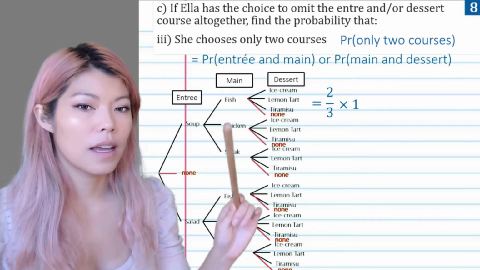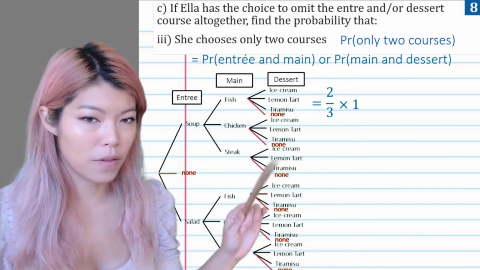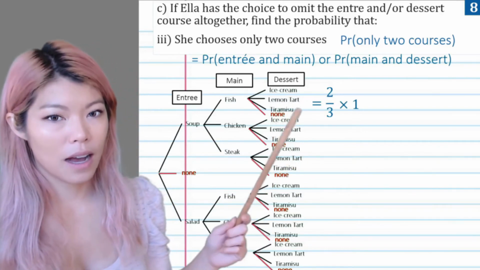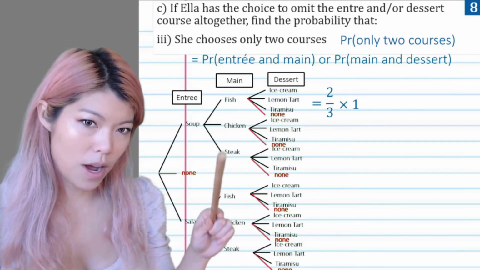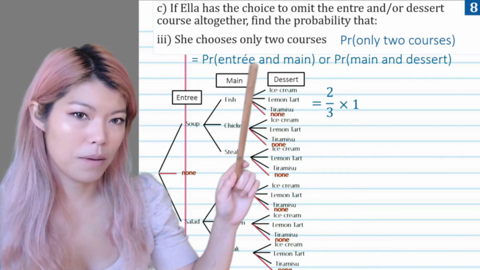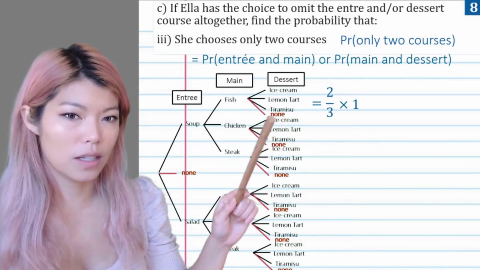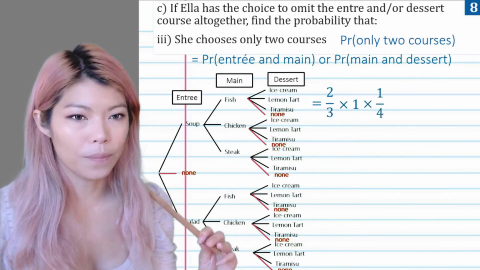When you see anything in your head, you write 1. If you can have anything, that means 100%, so 1. And then can she choose dessert if she's having entree and main for this section? No dessert. So what's the probability of no dessert? That's 1 out of the 4.